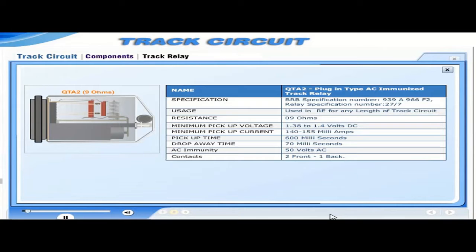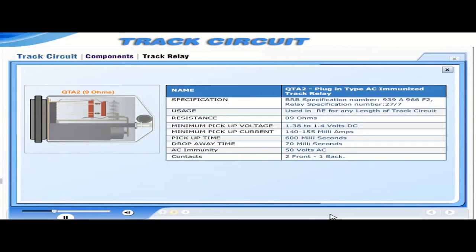QT-A2 plug-in type AC immunized track relay. Specification: BRB specification number 939A 966F2, relay specification number 27/7.